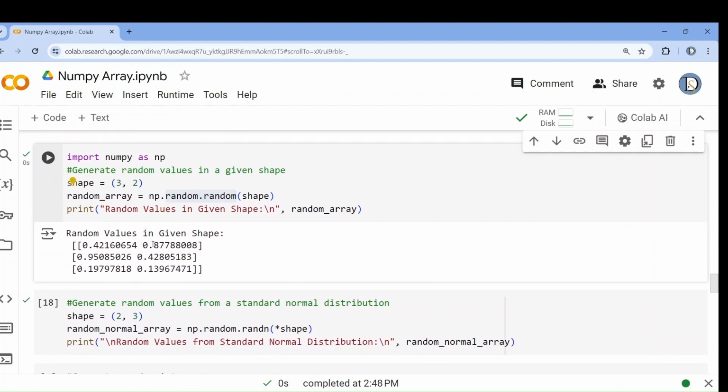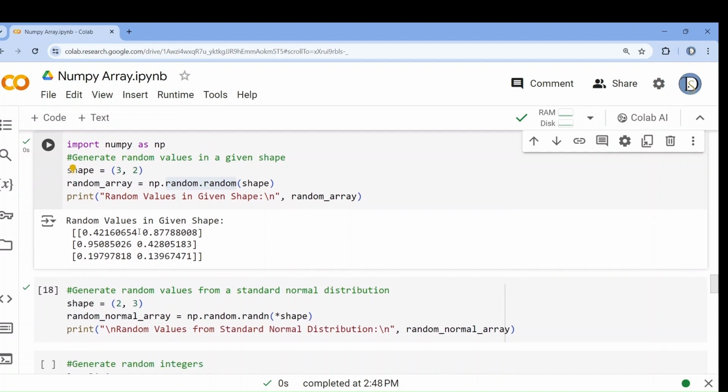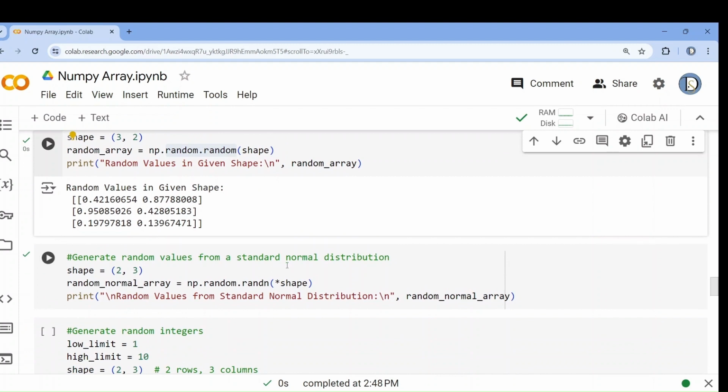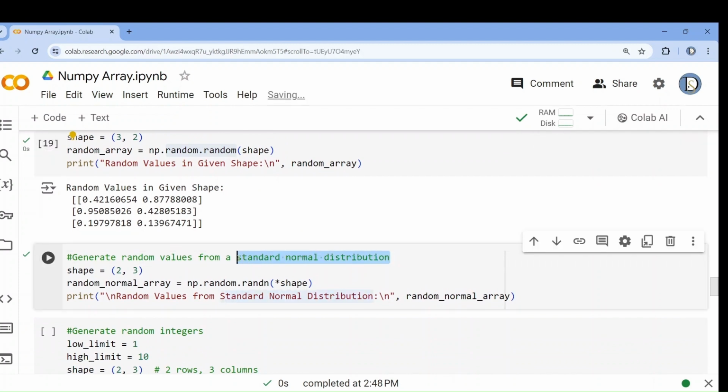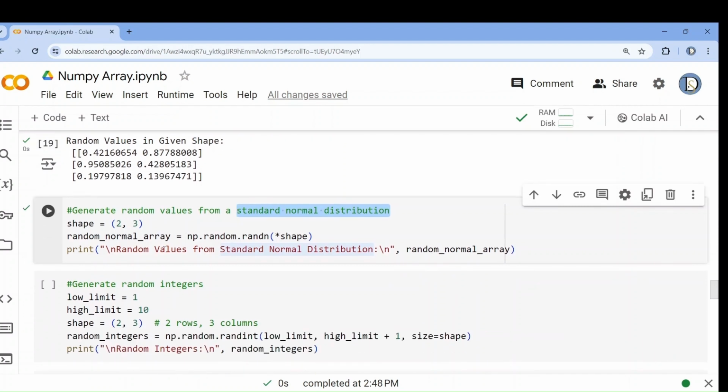But suppose I want these numbers to follow standard normal distribution. There are different types of distribution, but the standard normal distribution means that it must have a mean value of 0 and standard deviation of 1. Same here, but the function is random.randn.